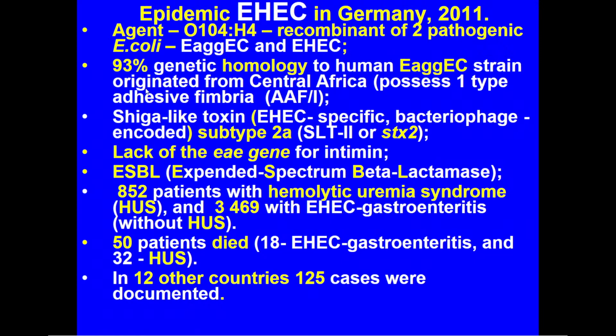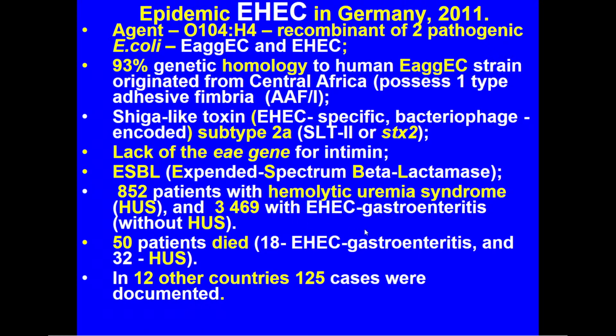The strain has 93% homology with enterohemorrhagic Escherichia, but it obtained the Shiga-like toxin from enterohemorrhagic Escherichia coli by transfer of the gene that codes for this toxin. And the surface antigens of the enteroaggregative Escherichia had been changed quite seriously. That's why they didn't recognize it.